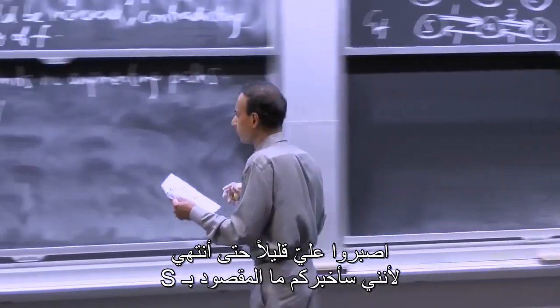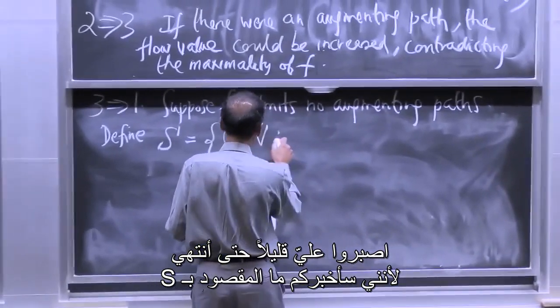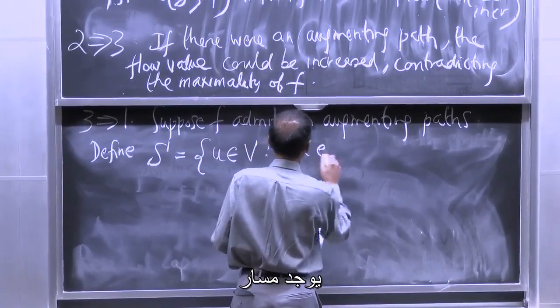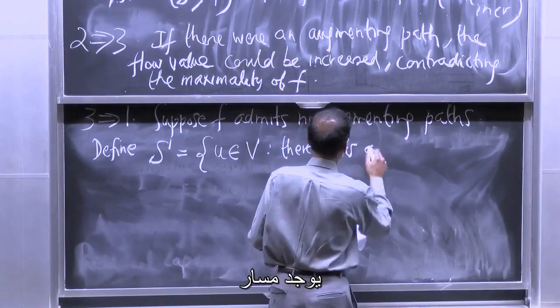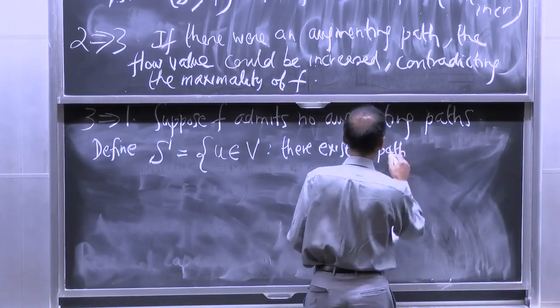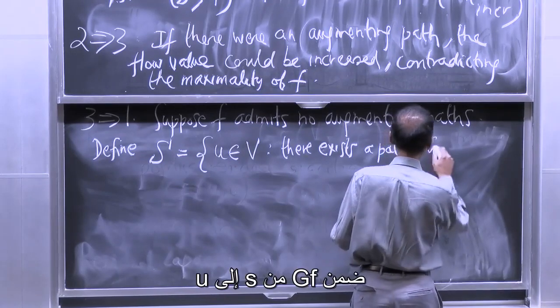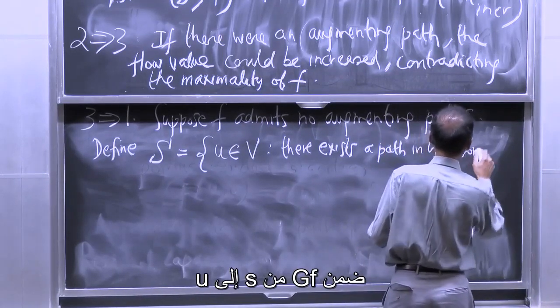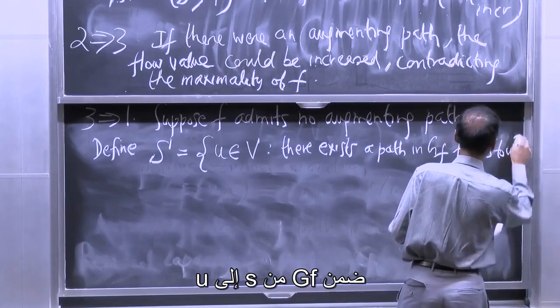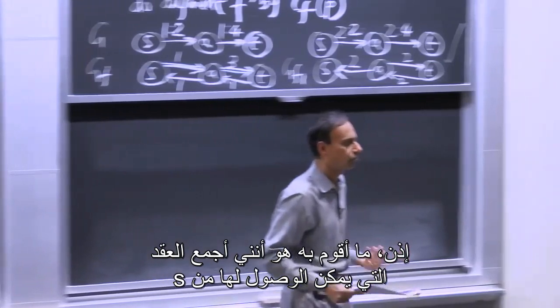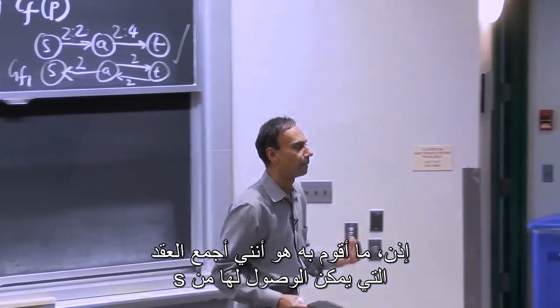But bear with me for just a second, because I have to tell you what cap S is. There exists a path in G_f from S to u. So what I'm doing is I'm collecting the reachable vertices from S.